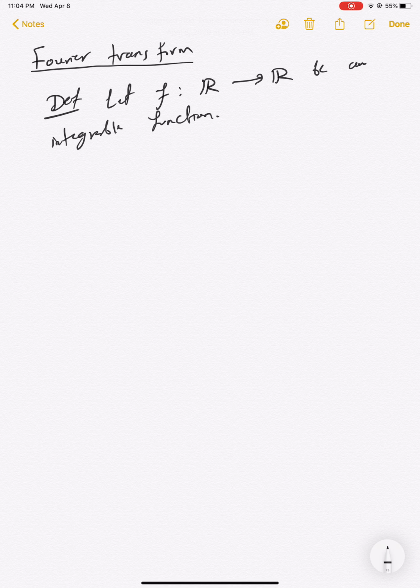For mathematicians, the two concepts are the same. The function is integrable if and only if it's absolutely integrable, and this is the big theory of Lebesgue integrals. But for the level of this course, I'm going to write let f be an absolutely integrable function, and I will explain what that means.